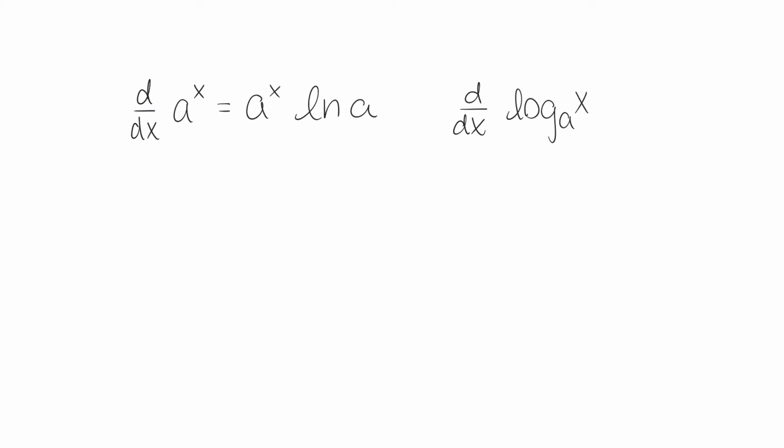So we have the derivative of a to the x equals a to the x times the natural log of a. And the derivative of log base a of x equals 1 over x ln a.